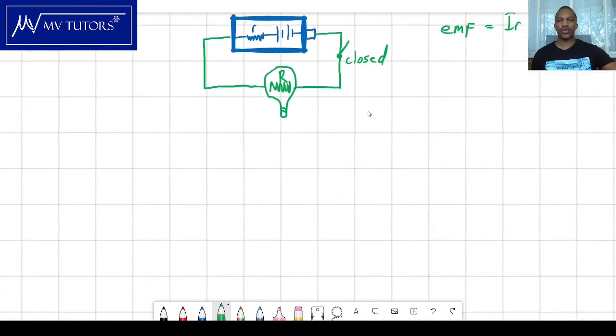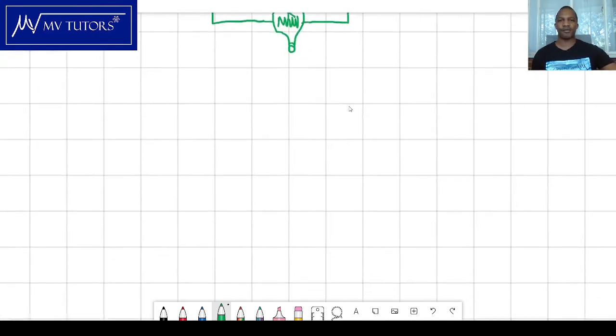What I want us to do now is discuss the resistance. We have two kinds of resistance: one that is in series, and one that is in parallel. I want to draw a typical example.